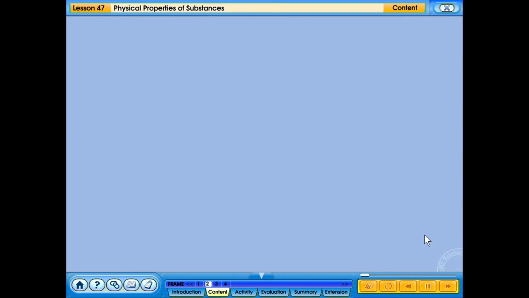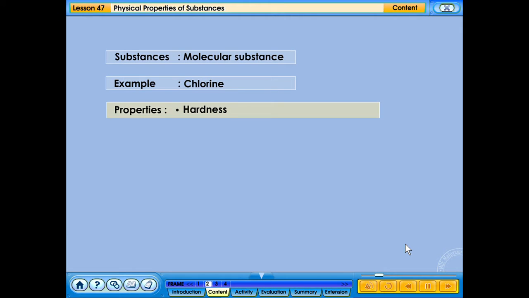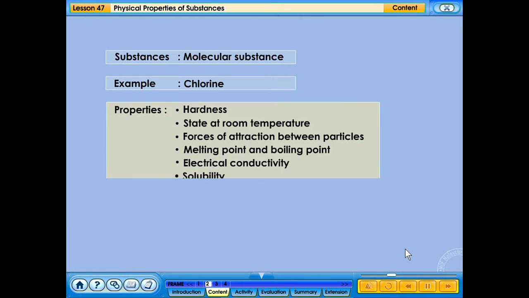We have just learned about the physical properties of substances made up of atoms. Let us now learn about the physical properties of substances made up of molecules. Click on the highlighted word to get a detailed explanation.